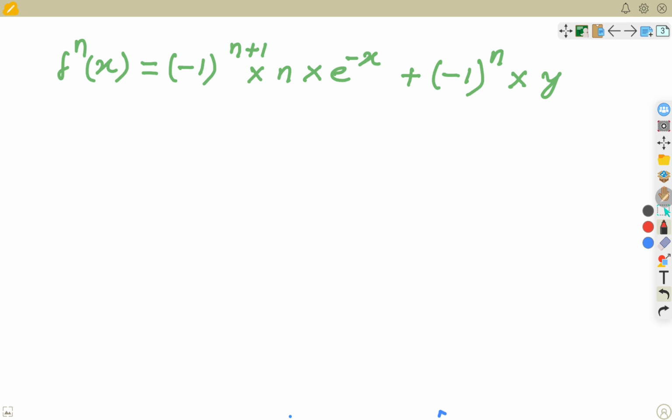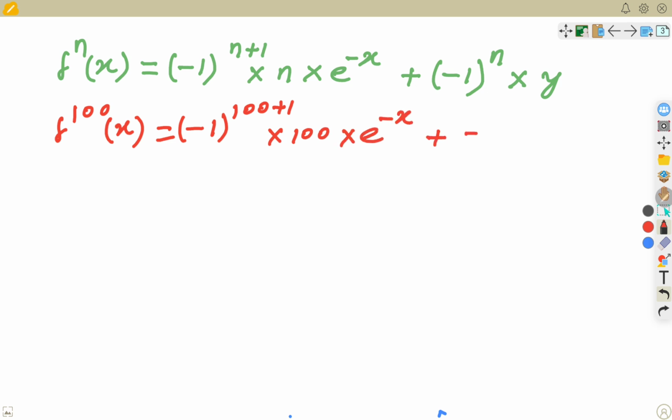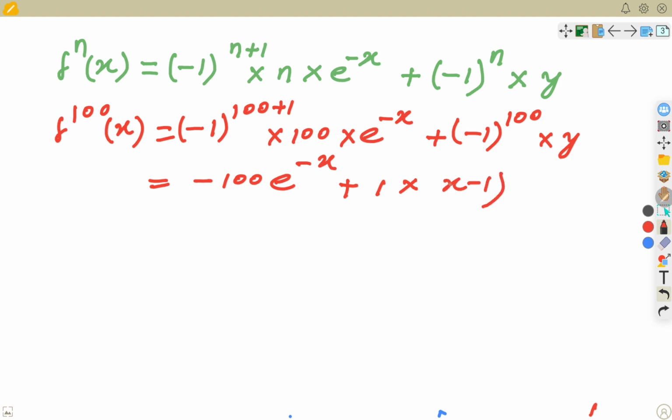Similarly, we can find f of 100 x, that is the 100th derivative of the given function. Minus 1 raised to the power 100 plus 1, into 100, into e to the power minus x, plus minus 1 raised to the power 100 into y. So minus 100 e to the power minus x plus 1 into (x minus 1) e to the power minus x.